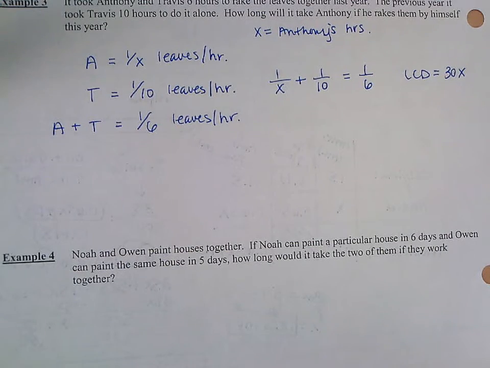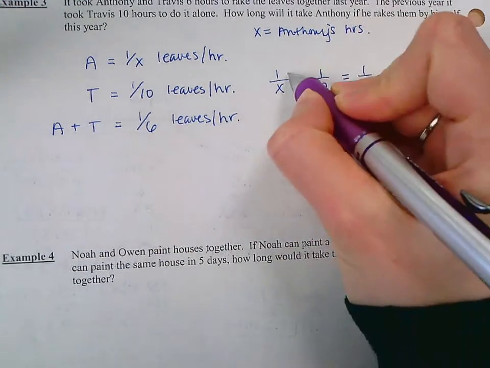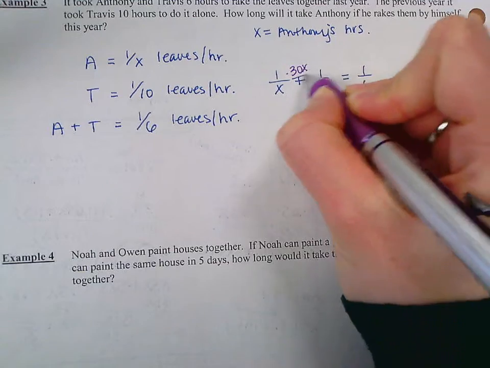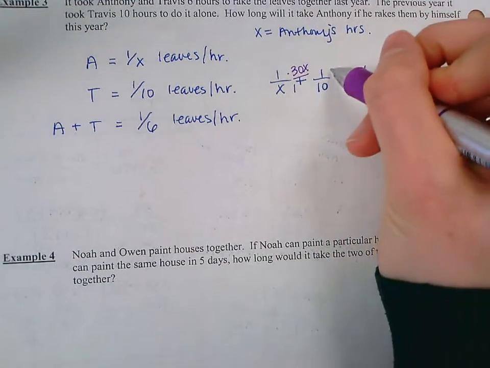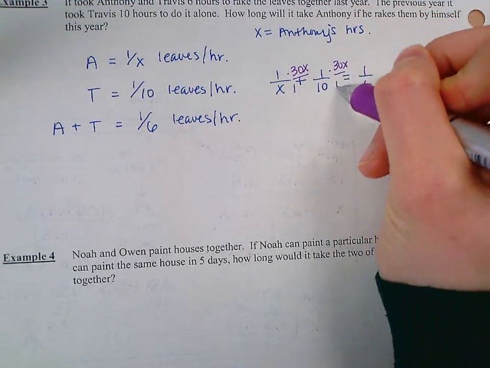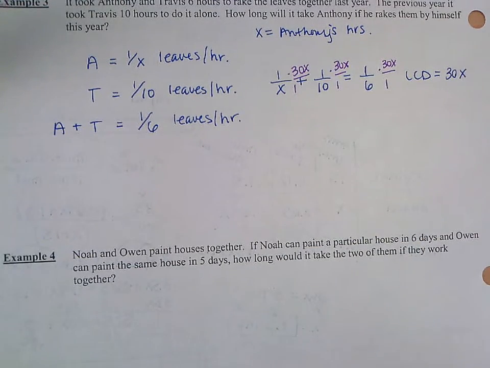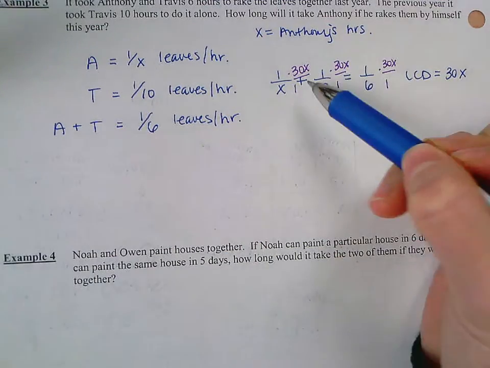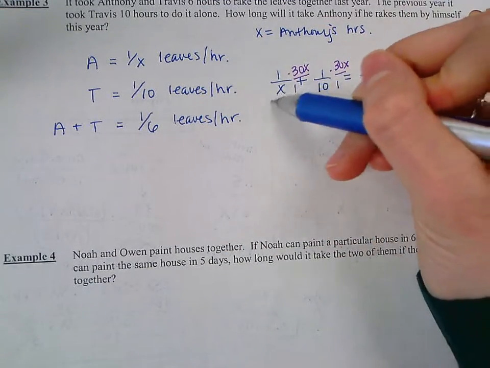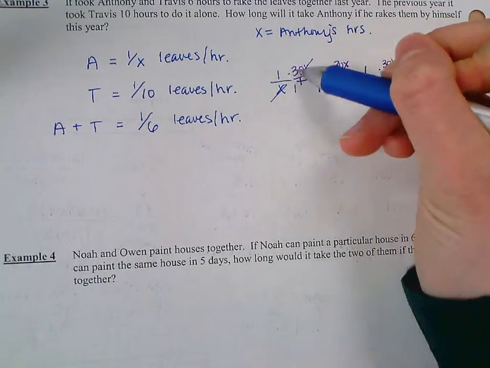So then I would multiply everything by 30x. And again, it's 30x over 1. So the bottom does not get multiplied by the 30x. And you should be able to cross simplify so that your denominators all simplify to 1. So in that first term, my x's cancel out, and I just have 1 times 30, so 30.